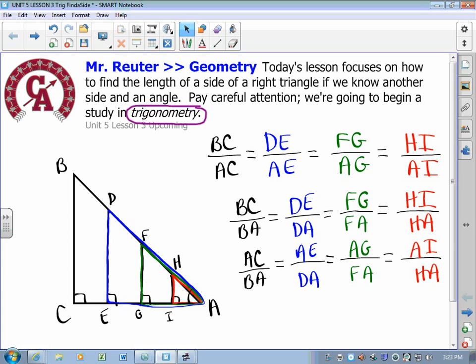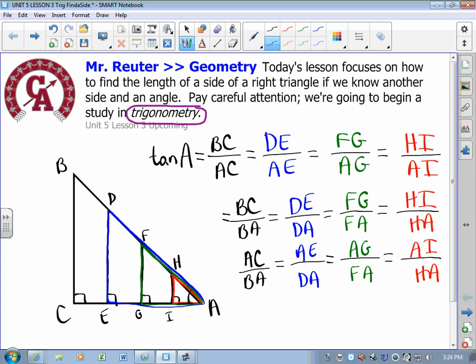So here's where we make the jump. Because those ratios are always the same, and they all depend on angle A, we give them names. We call the ratio at the top, the ratio of the vertical to the horizontal, the tangent of angle A. And we write tan A to mean the tangent of angle A.